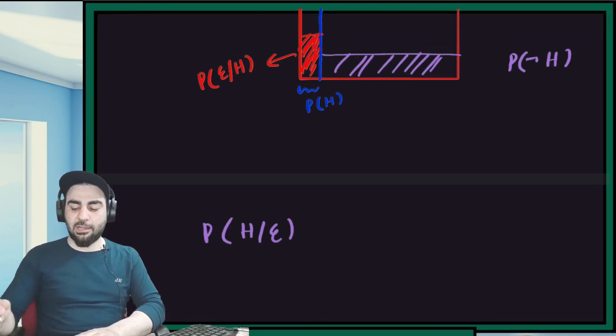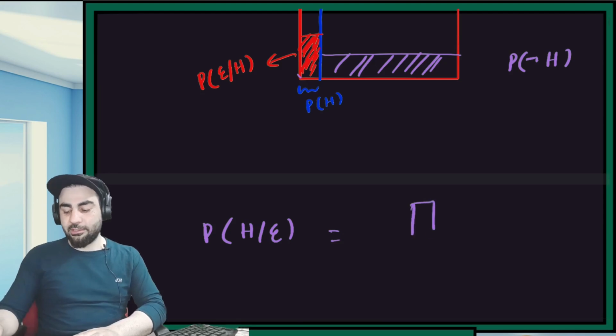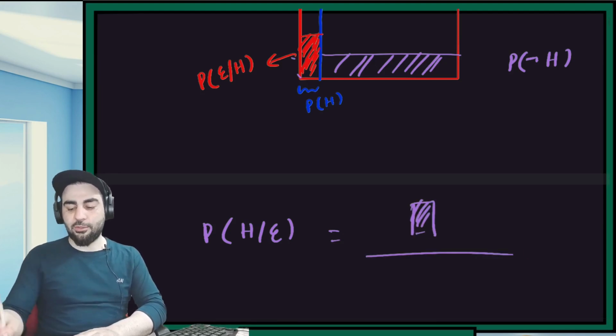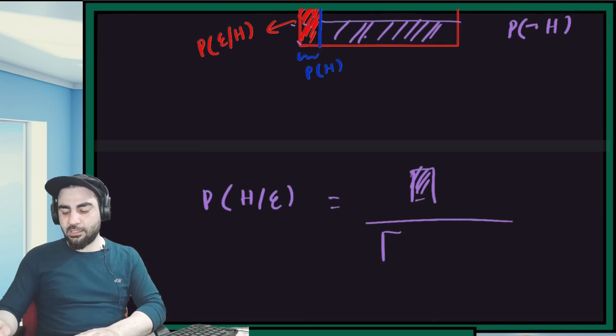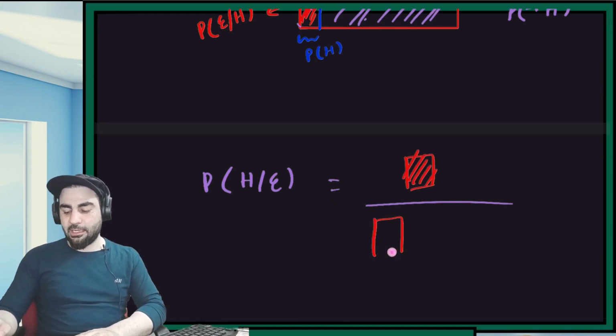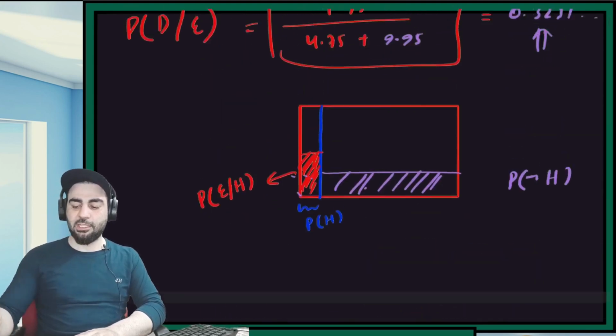Only this much fits the description. So this red portion is divided by these two portions: this red portion, plus this purple portion.